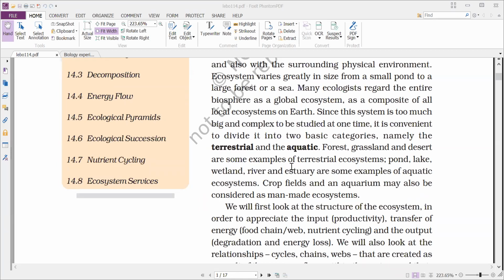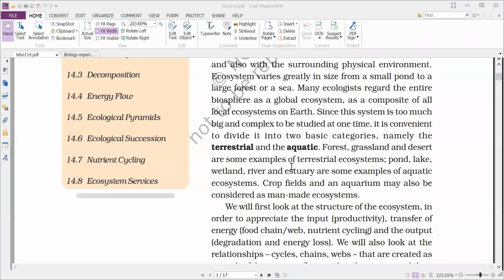And next, river and estuary. Estuary is a place where the river meets the sea. We can also call it the mouth of the river. Where the river meets the sea is called an estuary. These are some of the examples of aquatic ecosystems.